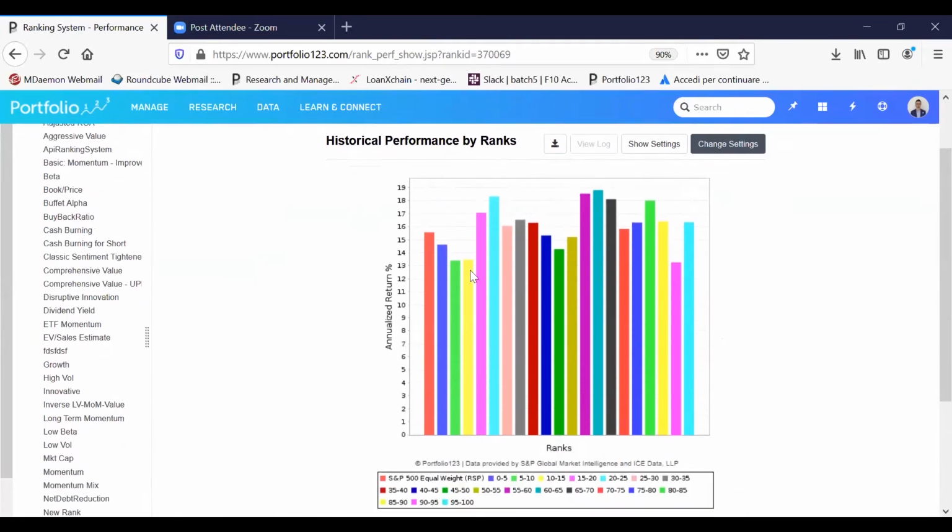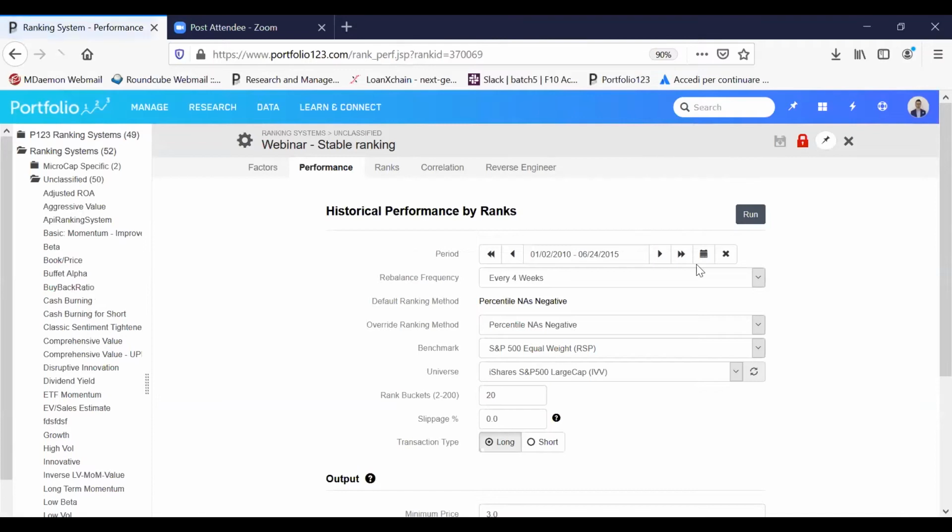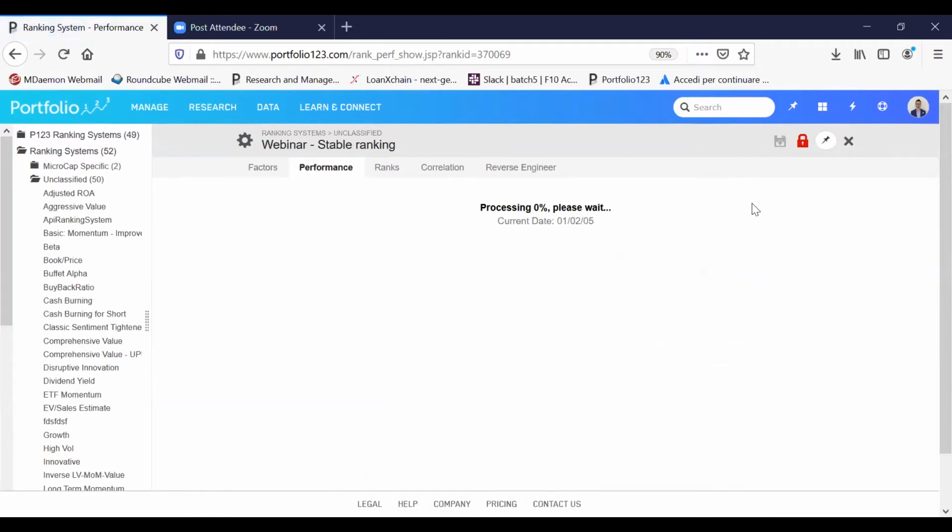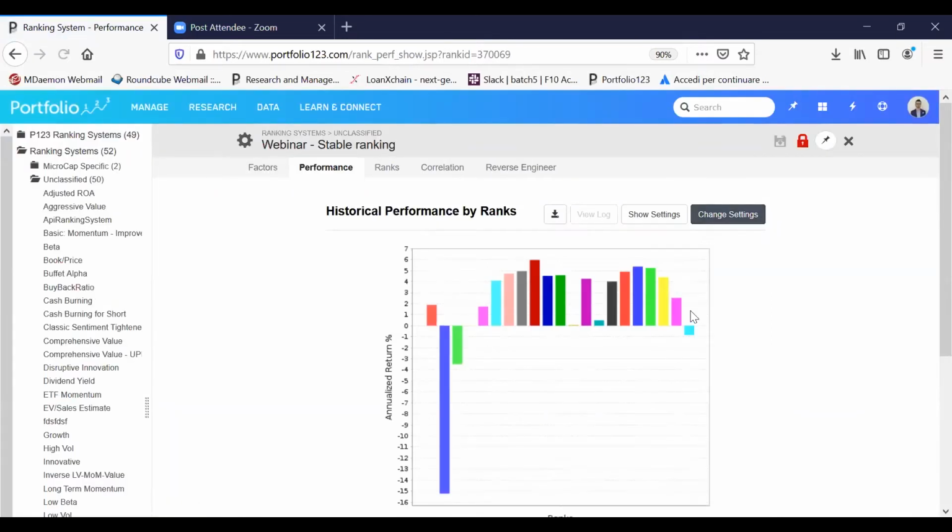And so in particular in this period, and it was a period where stocks were going up a lot from the great financial crisis, this ranking system doesn't seem to have any real predicting power. Lastly, here, even here, we still don't see much of the very nice performance that we saw before.